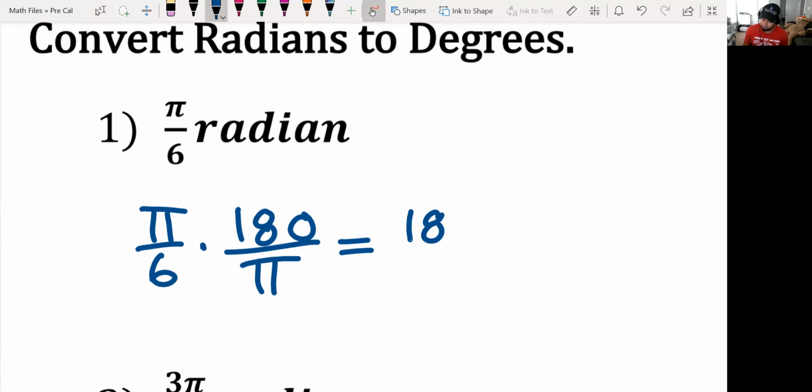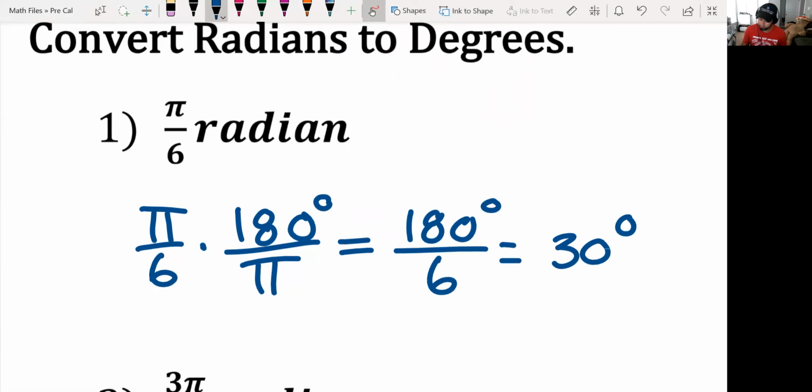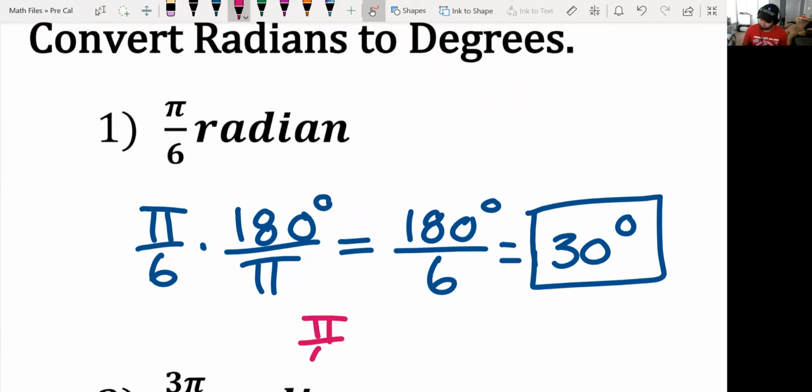Leaving you with 180 over 6, the degree symbol there. This is in degrees now. And 180 divided by 6 gives me 30 degrees. Which means pi over 6 radians is the same as 30 degrees.